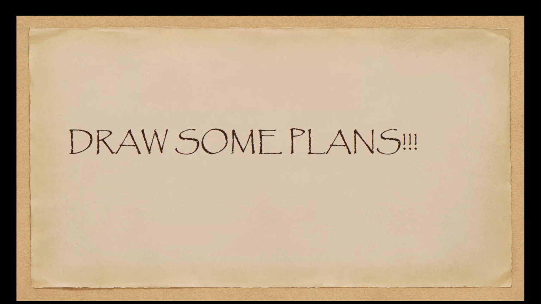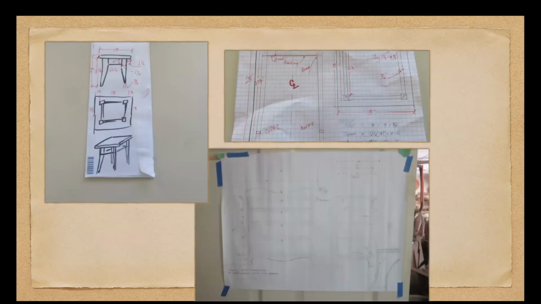The first thing I can say, which is as important as anything, is make some plans. You've got to have some sort of idea of what you're going to make, how you're going to make it, what it's going to look like. And the plans can be anything as simple as this quick drawing I made on the left side, literally on the back of an envelope. And it's got some quick measurements just to give an idea of what one wants to build and construct.